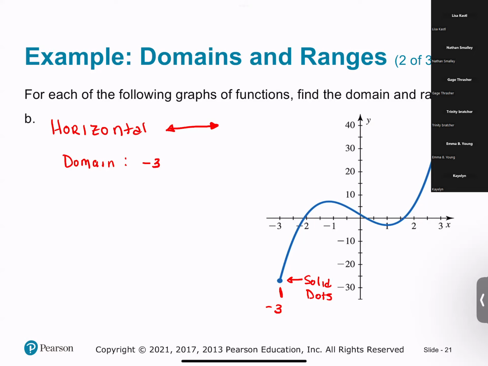So the domain of this function are all the values x between negative 3 and positive 3. Any input between negative 3 and positive 3 could be an input.